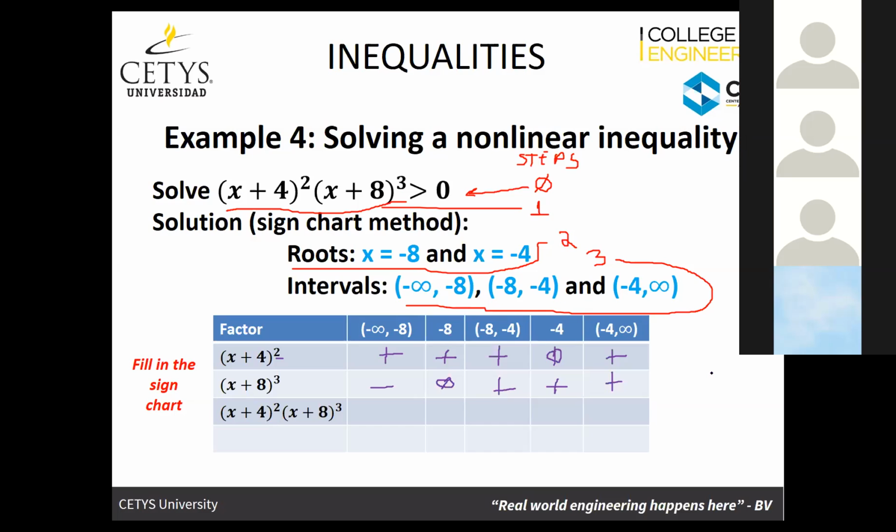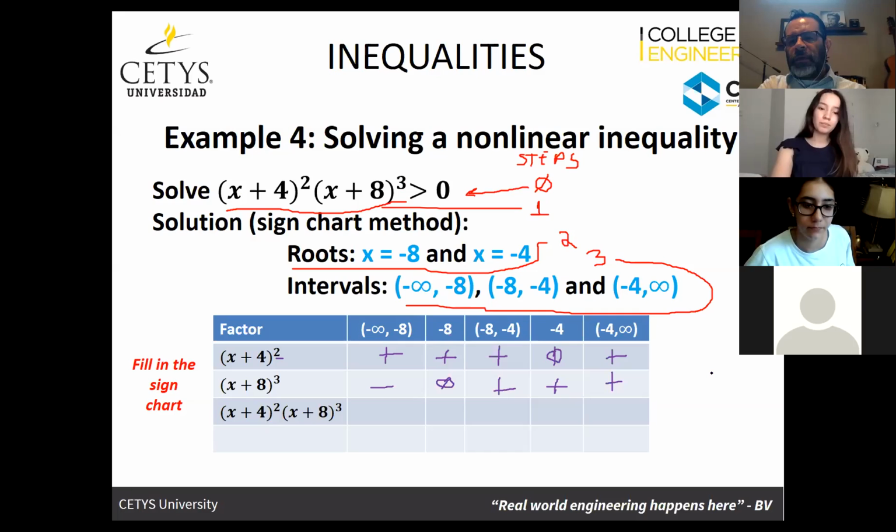Now, let's see, Enya. Hi, Enya. Now, help me out here. Now we're doing the multiplication and seeing what the result of the product is. So plus times minus equals? Negative. Perfect. Plus times 0 equals? 0. Correct. Plus times plus?